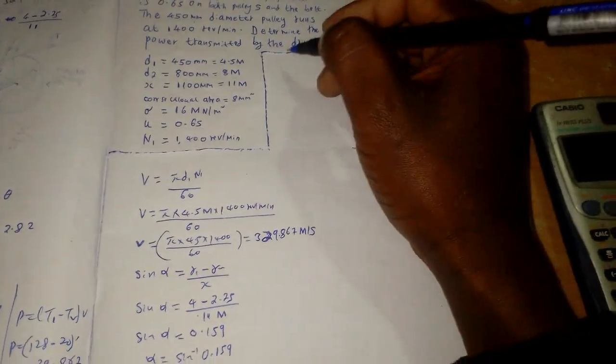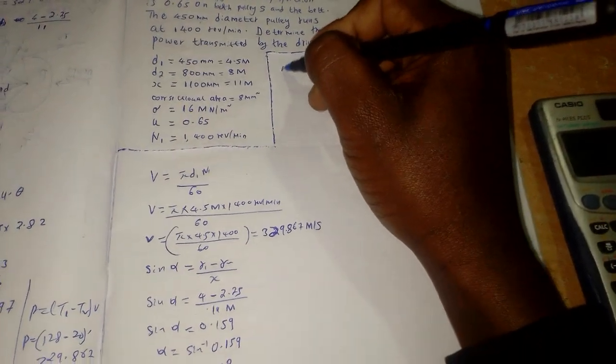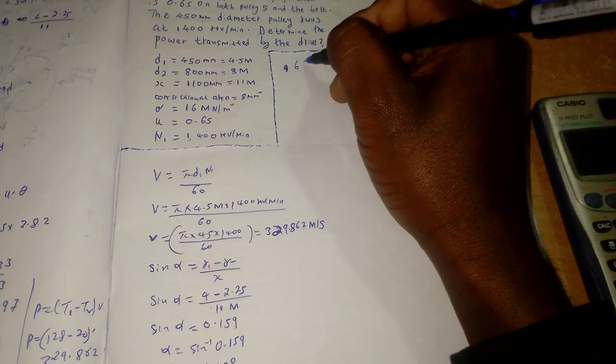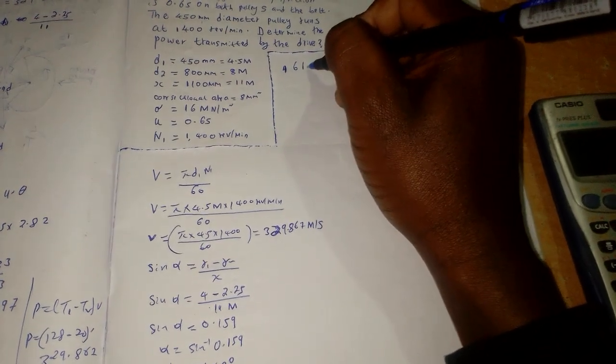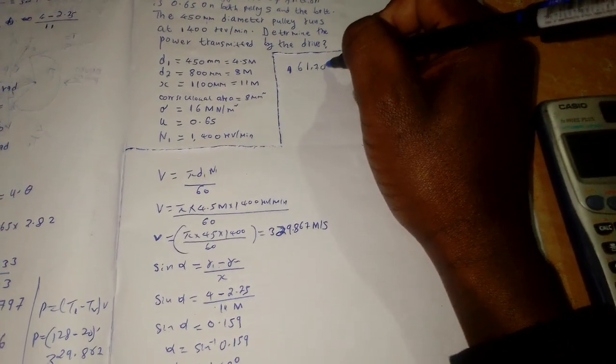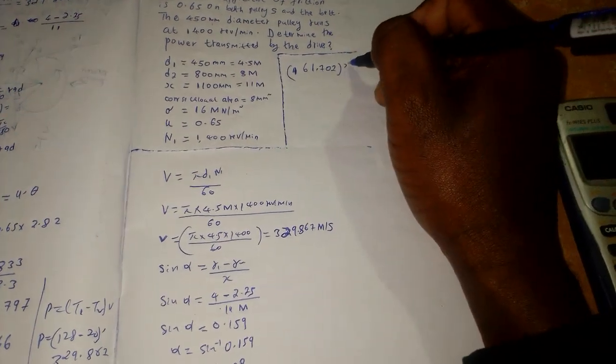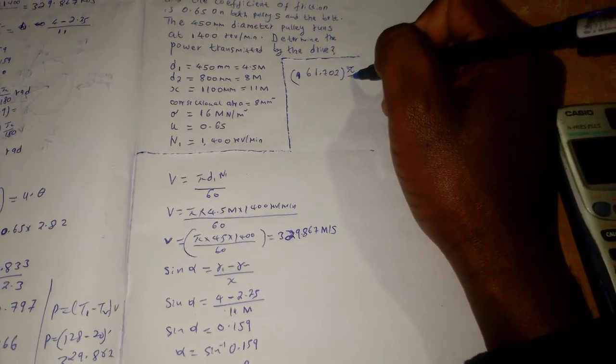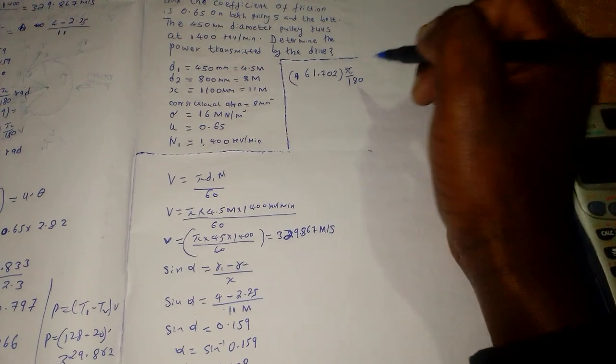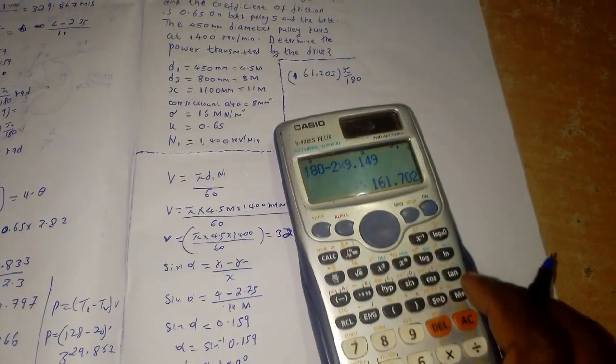Now I multiply 161.702 by pi divided by 180.